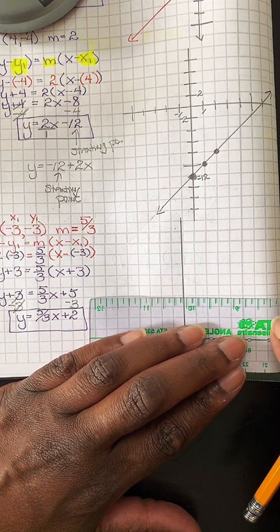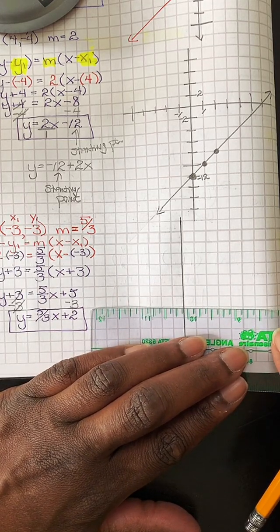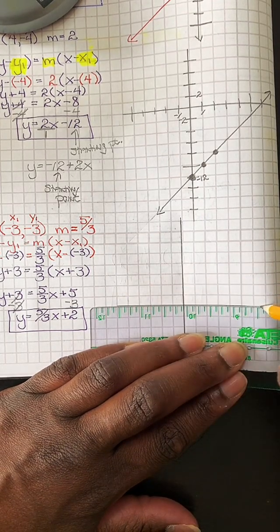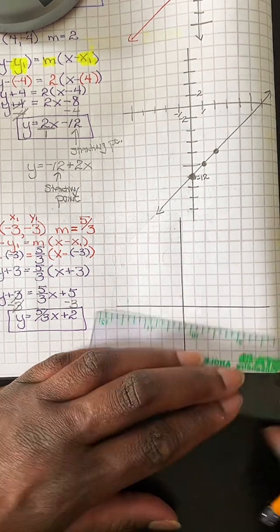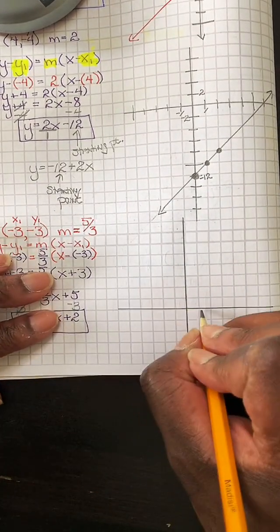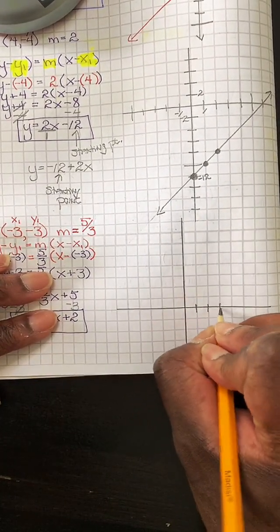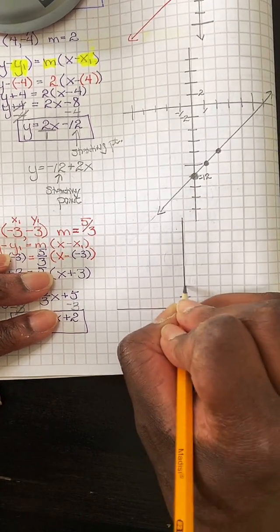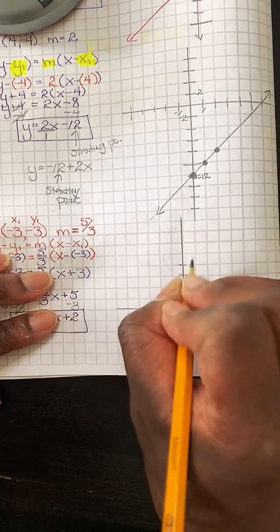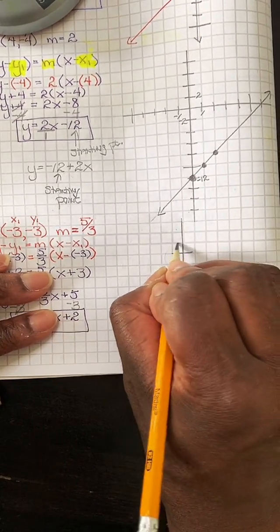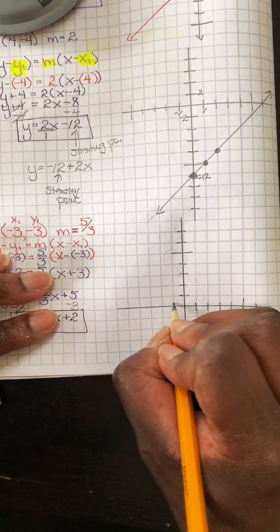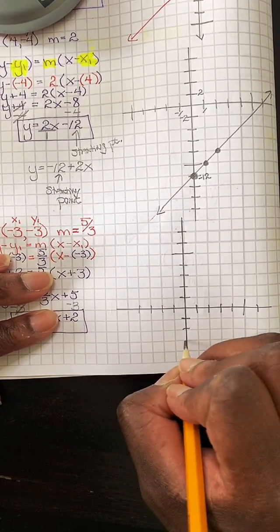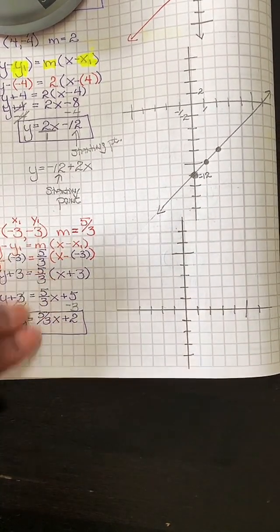I'm gonna kind of come down here though. All right, so we got our 1, 2, 3, 4, 5, 6. 1, 2, 3, 4, 5, 6, 7. 1, 2, 3, 4. 1, 2, 3, 4.